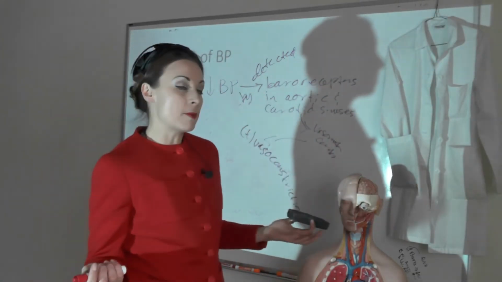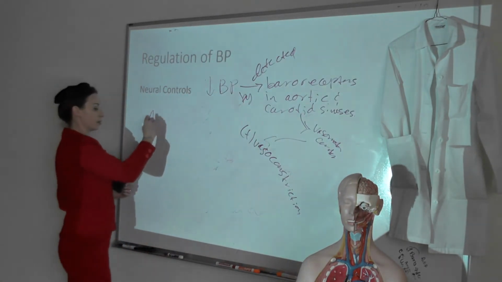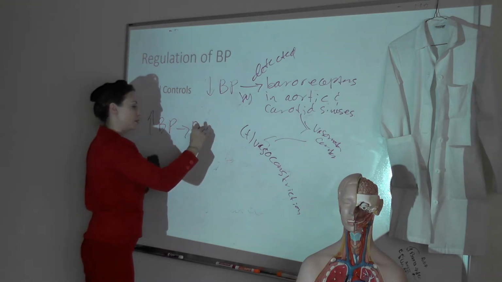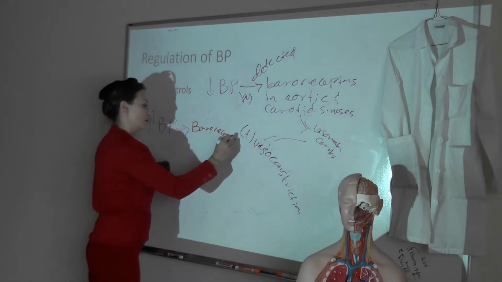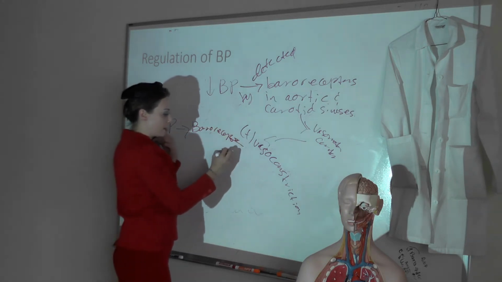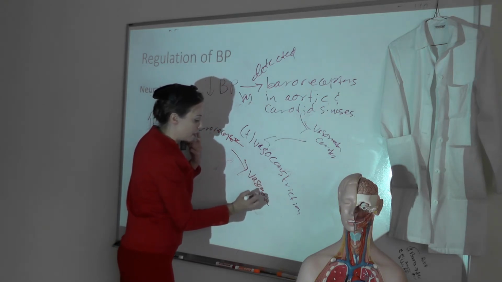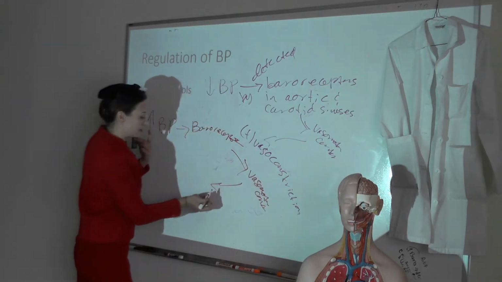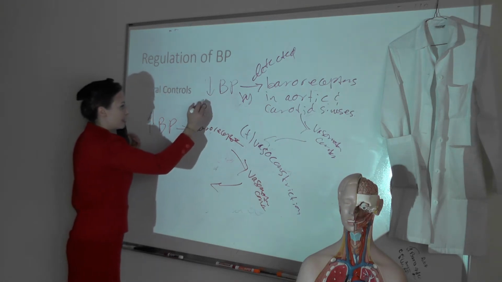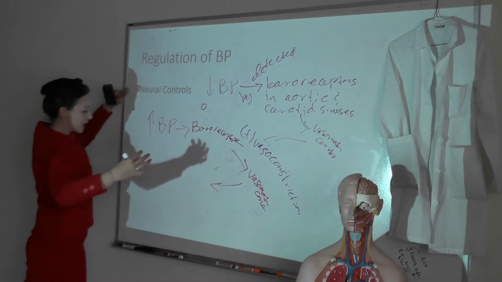All right, well, what about if we have an increase in blood pressure? So if there's an increase in blood pressure, this is also detected by baroreceptors in your aortic arch and carotid bodies, and they are going to send the information back to your medulla oblongata, the vasomotor center. It's going to send out an efferent command, and now what we can do is if we need to drop our blood pressure, I can vasodilate.